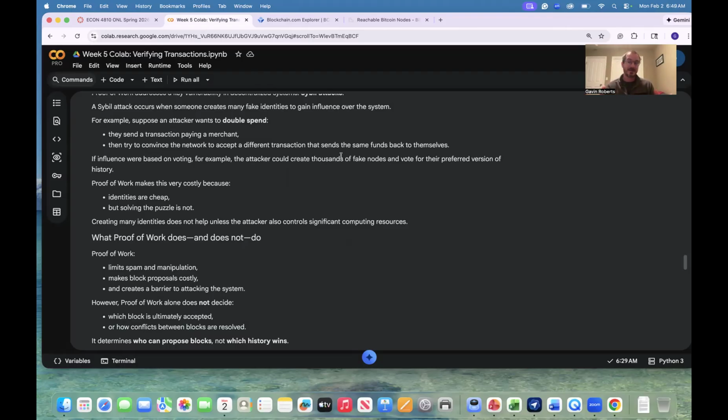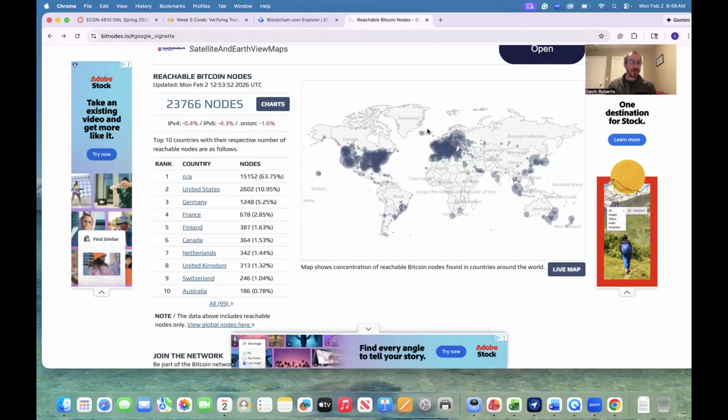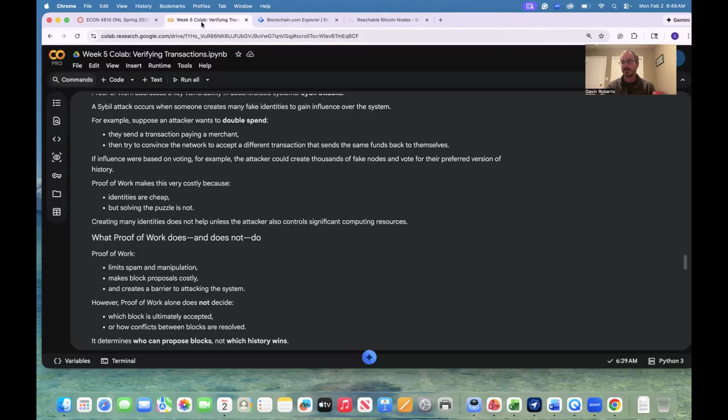So an important outcome is that if this network is huge and there are many different nodes, it's very difficult for an individual actor to become more than half of the total computing power on the network. If they did, that would be what's called a 51% attack, and that would destroy the network. But the network is so huge at this point that it would be incredibly difficult to become that powerful on the network.